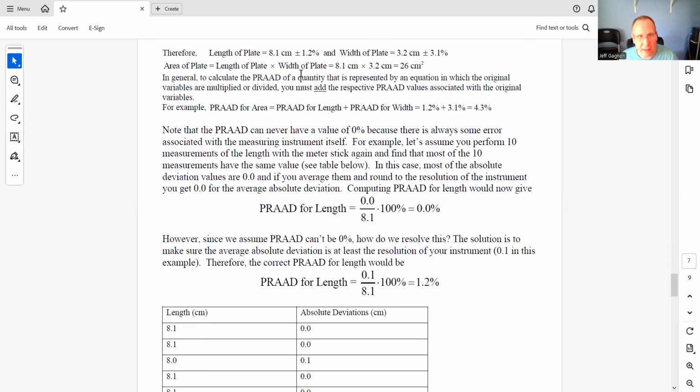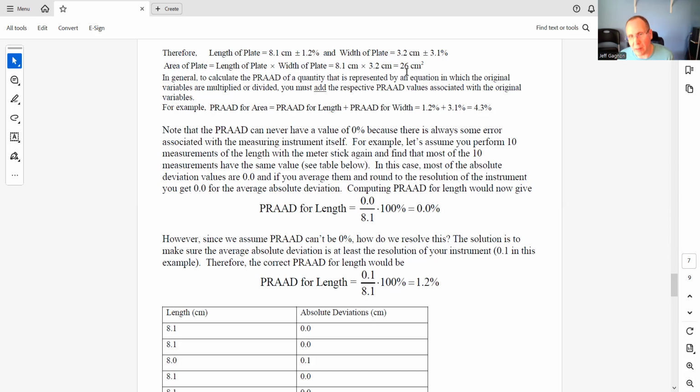The formula for area of a rectangle is length times width. In this case, I would take my average length, 8.1 centimeters, times my average width. I'm just using my average values. If I multiply them, I'm going to get 26. And centimeters times centimeters gives me the units of centimeters squared for the area. Okay, so it's 26 centimeters squared.